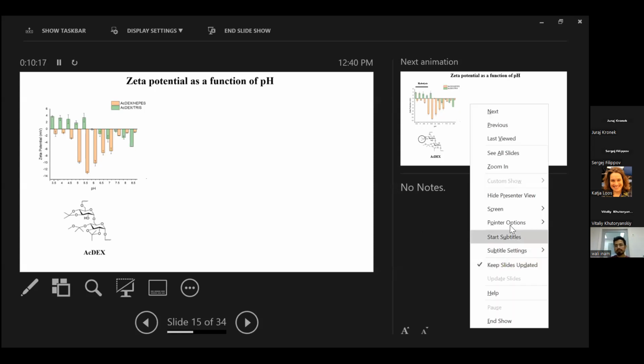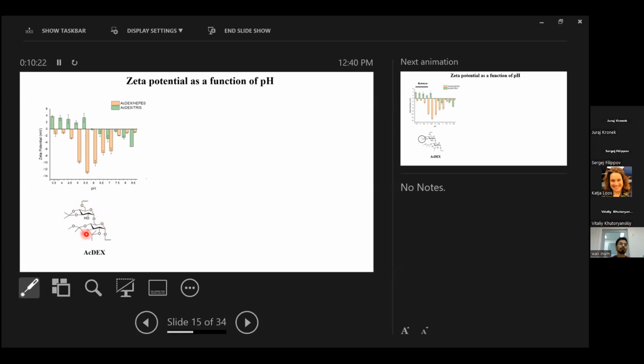AcDEX is basically a dextran-based polymer, and it has these acetal-based functional groups, which make it pH responsive. These acetal groups are hydrolyzed at acidic pH. So when we were trying to measure the zeta potential, we were not very concerned about this part, because here the hydrolysis of nanoparticles might start.